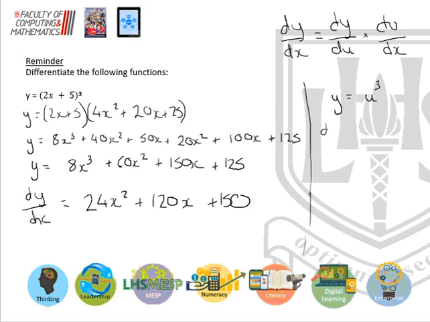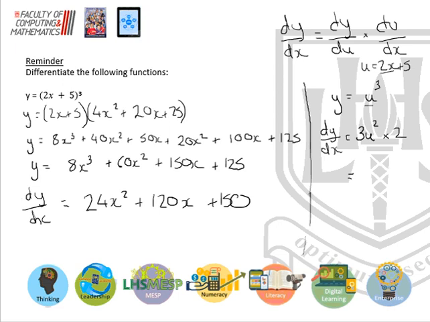So dy by dx here is going to be differentiating, firstly, u cubed in terms of u. So it'll be 3u squared. And then we're going to multiply by du by dx. In this case, u is equal to 2x plus 5. When you differentiate that with respect to x, your 2x just becomes a 2. So we're going to multiply it by 2.